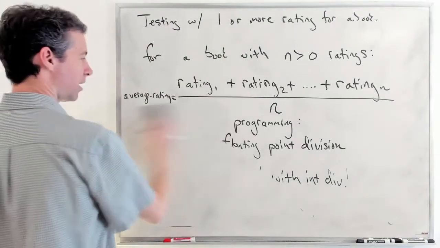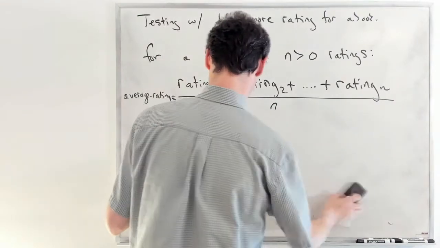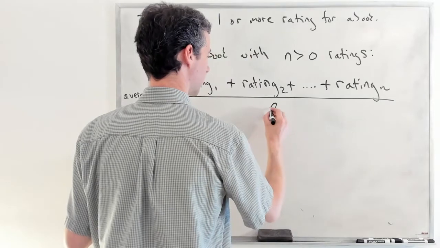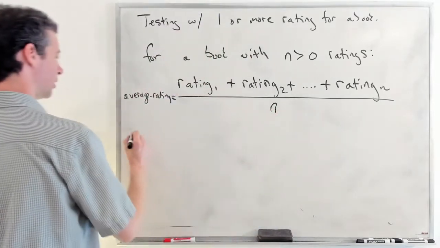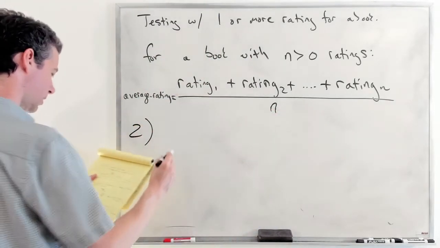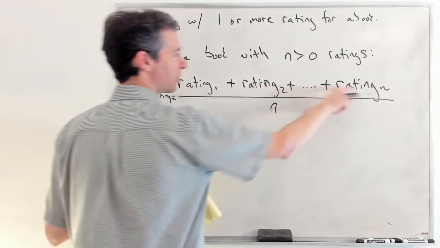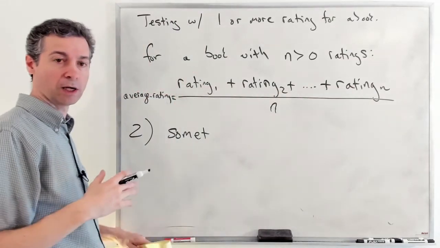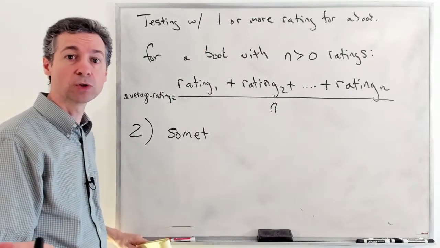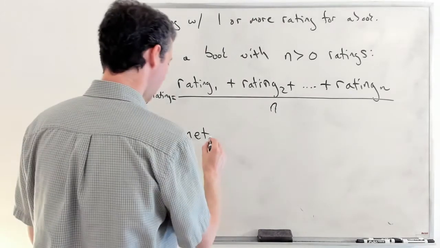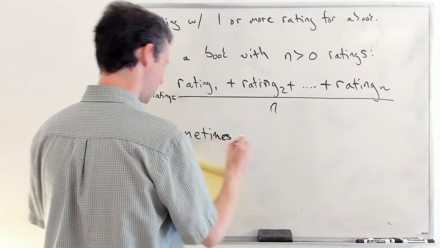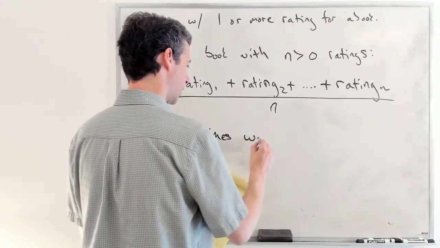Now, I said there are two gotchas. I'm going to write the second gotcha here. Sometimes, so this is a whole bunch of things that we need to do. Often you're going to stick those in a loop, okay? Every time we have a loop, we run into the potential of making this mistake.